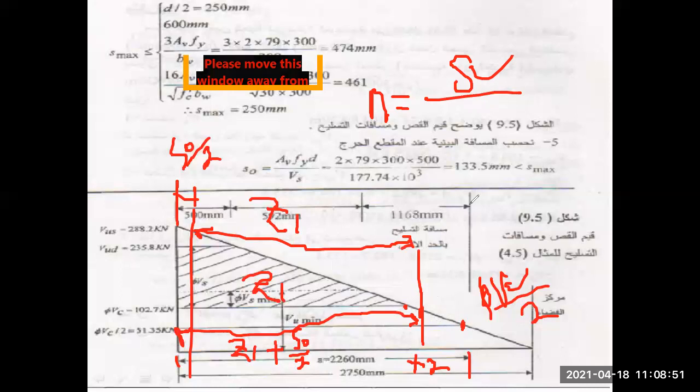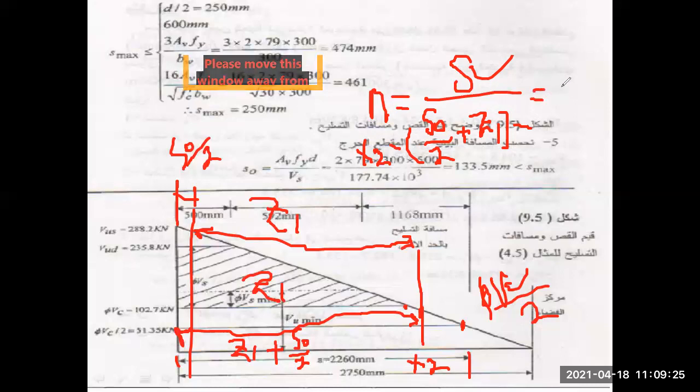So you could say S naught over 2, you add it to Z1, and then this distance is subtracted from X2, because X2 is larger, so X2 minus S naught over 2 plus Z1. So you have specified the distance within which the minimum shear reinforcement is recommended by the ACI code.